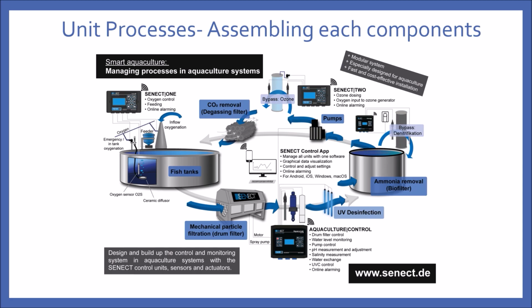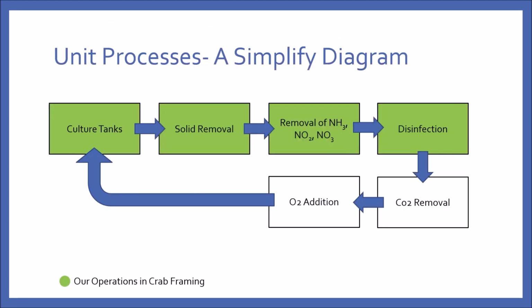Luckily for us, we utilize a simpler process flow diagram. Firstly, on the leftmost side, we have the culture tanks, which are the individual boxes in which the crabs are grown. This is followed by solid removal, which is the utilization of media filters to remove any solids resulting from feed or feces.